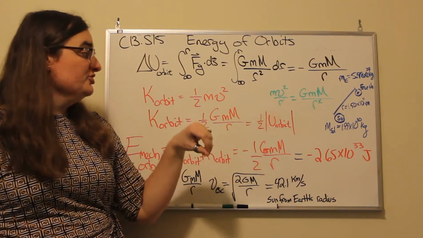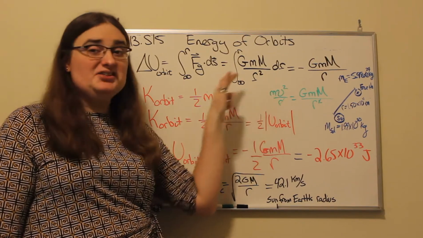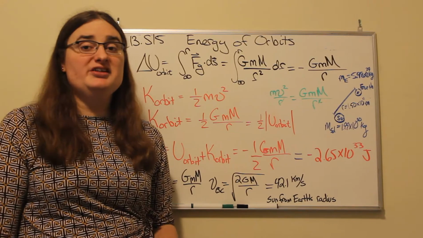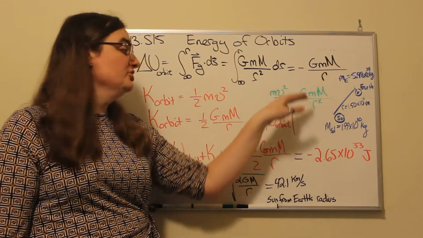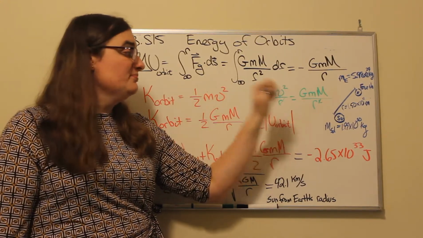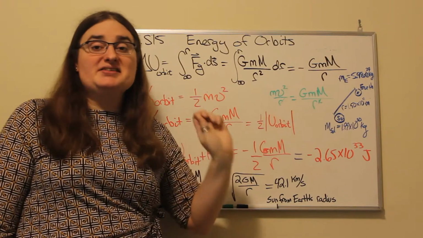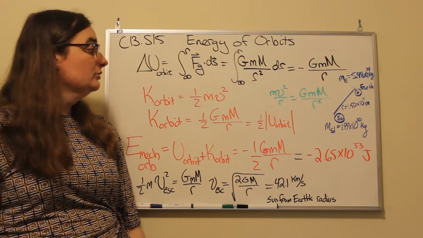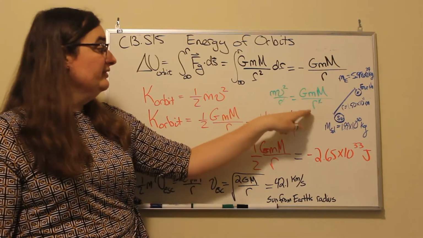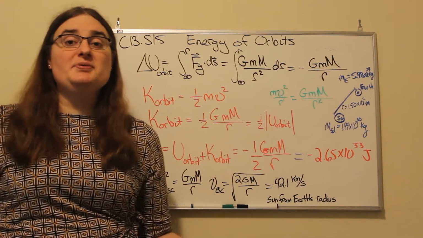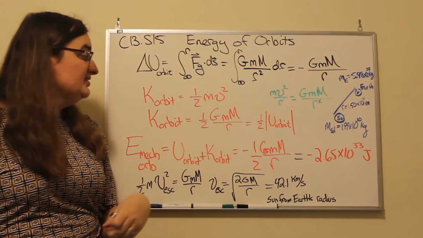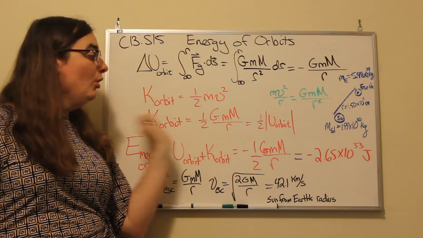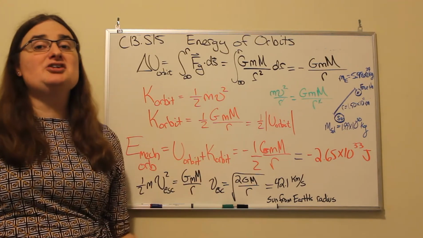The centripetal force equation tells us that the mass times the centripetal acceleration, the speed squared divided by the radius of our circle, is our force: the gravity constant times the mass of our object times the mass of the object being orbited divided by the radius of the orbit squared. Well, mv squared is just the magnitude of the potential energy. So that means that the kinetic energy of an object in orbit is 1/2 the magnitude of the potential energy.